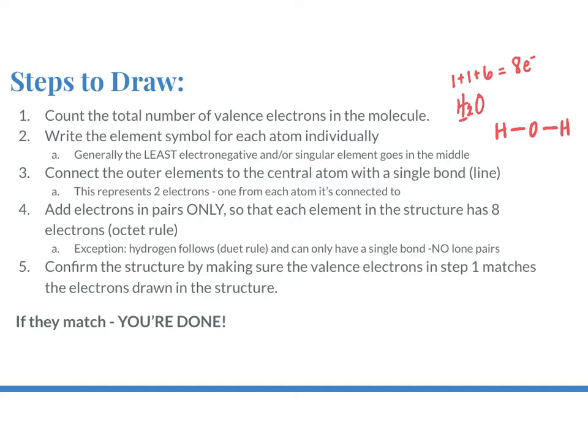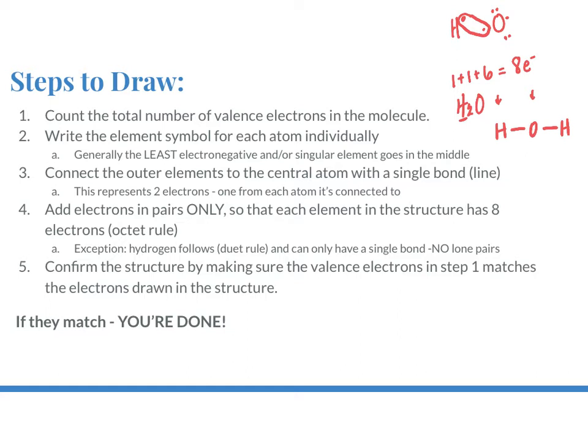So if I'm thinking about this hydrogen right here, and then the oxygen, hydrogen, remember, has just 1 valence electron. Oxygen has 6. All right, so it's really representing these electrons here being shared. And that's what that line there is representing in my drawing.